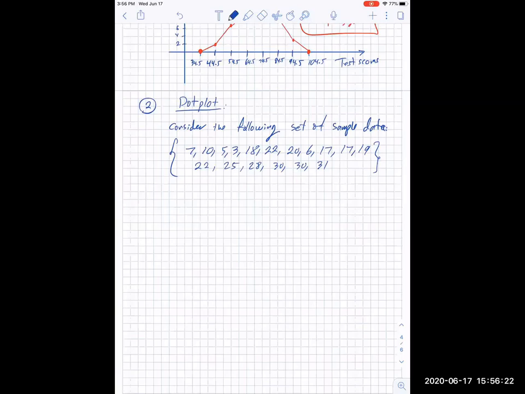We assume that we collected this sample data. We're gonna graphically represent this sample data with a dot plot.